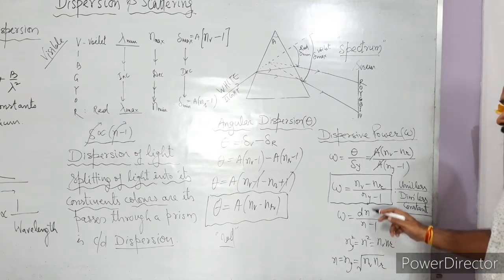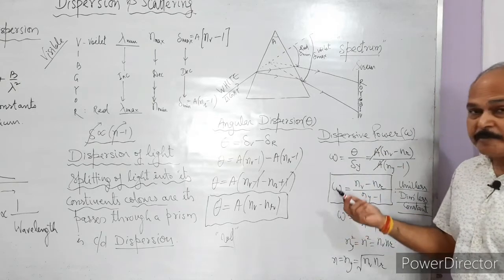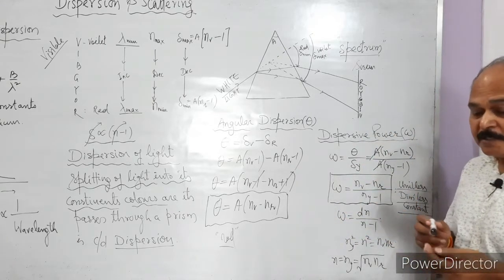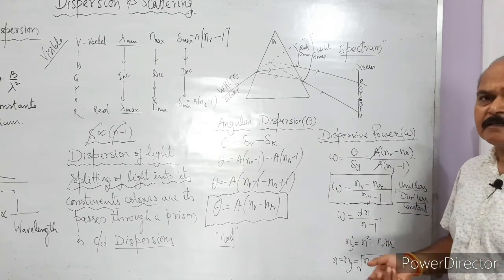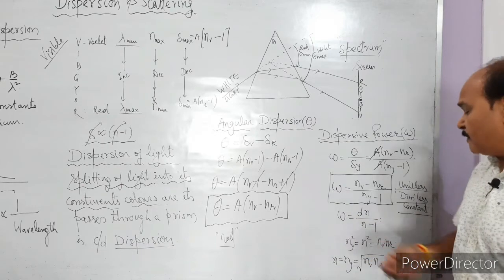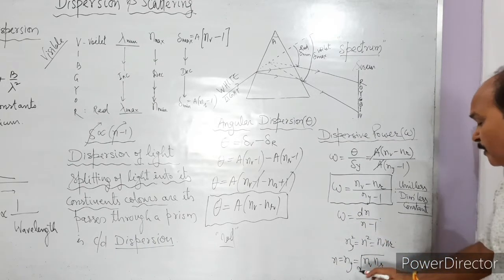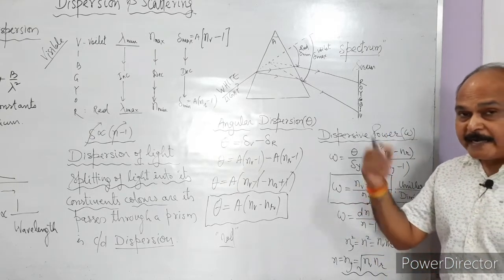Well, what is the refractive index of a medium? That has already been mentioned. The single value of refractive index of a medium is the refractive index for yellow color. And how do we decide that? The refractive index of yellow color is the geometric mean of the refractive indices for violet and red color.